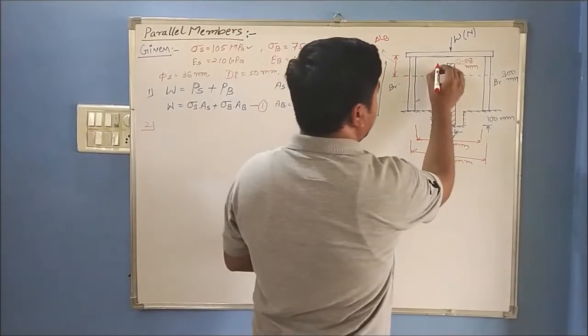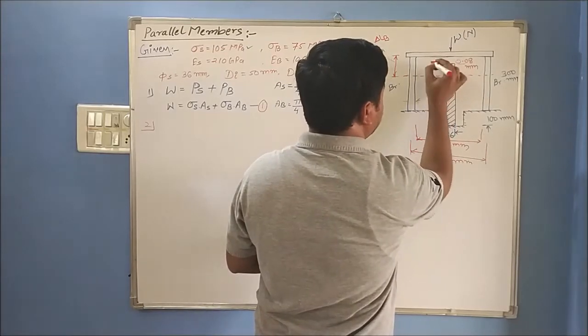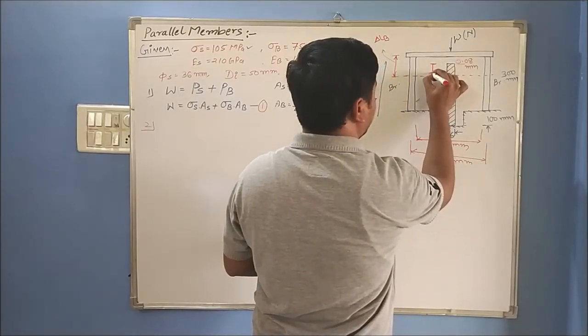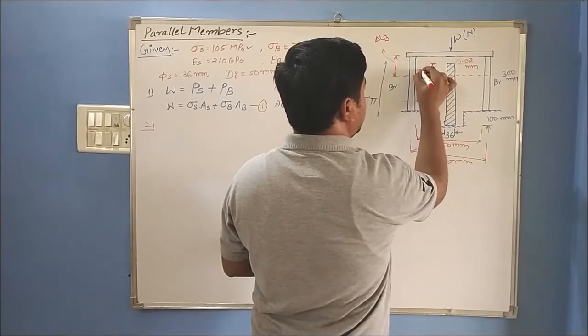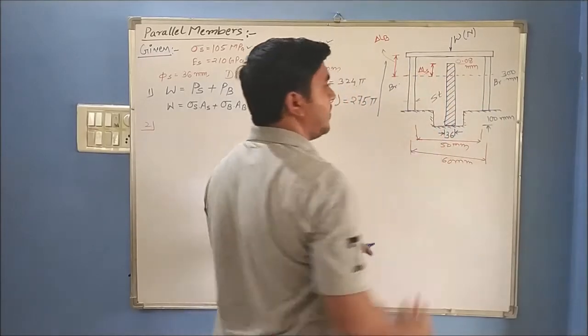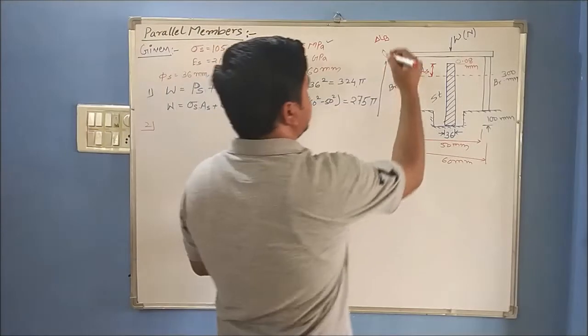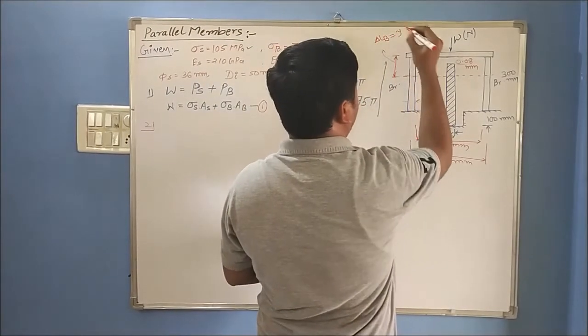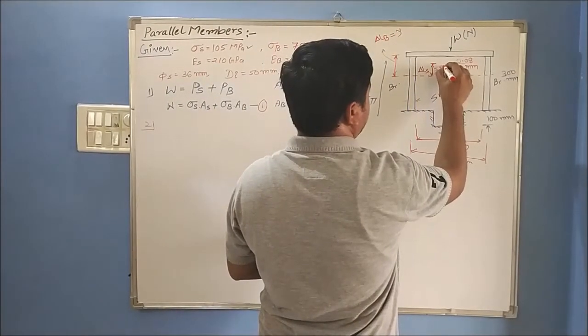The steel will be compressed from this point to this point only, so this is the change in length of steel. Let's say the change in length of brass is y, and the change in length of steel is x.